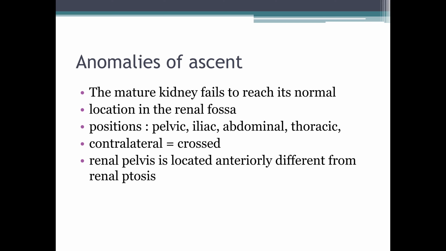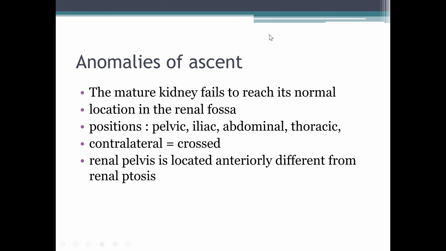So the renal pelvis is located anteriorly, which is different from renal ptosis. Renal ptosis should also be differentiated from an ectopic kidney, in that in renal ectopia, the kidney is permanently in a wrong position. Say if it is in the pelvis, then it is there permanently.